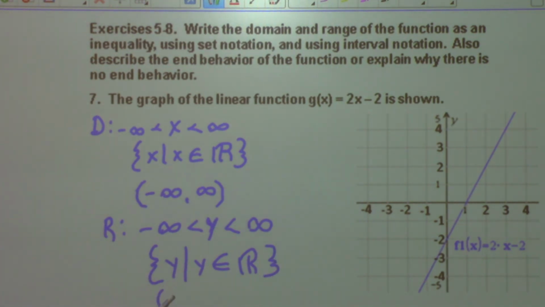Okay, then finally we have this business here, right? Okay, and then end behavior, as x approaches infinity, f of x approaches infinity, and as x approaches negative infinity, f of x approaches negative infinity.